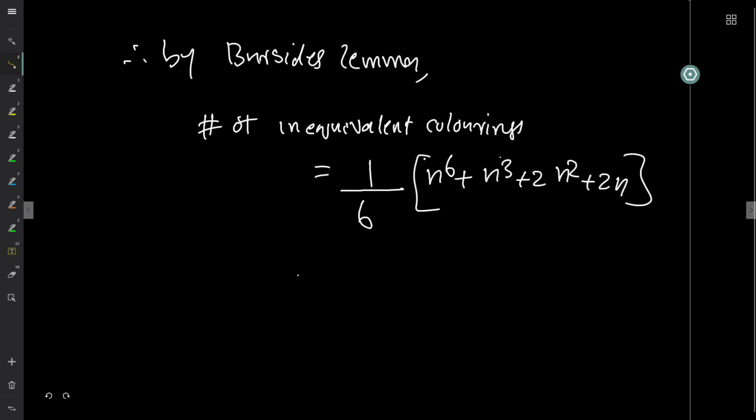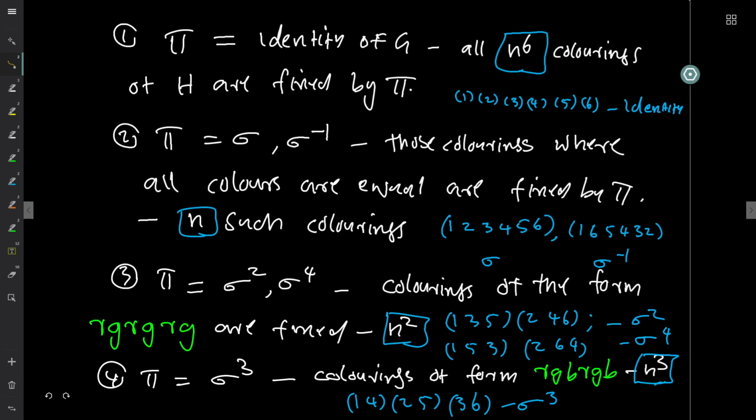Now, what about this 2n? The exponent of n is 1. Now, how many cycles are there, for example, in sigma? Sigma has only one cycle, which has all the 6 elements. Sigma inverse also has only one. So you will see that the number of cycles in sigma, for example, is the exponent of n here in the count.